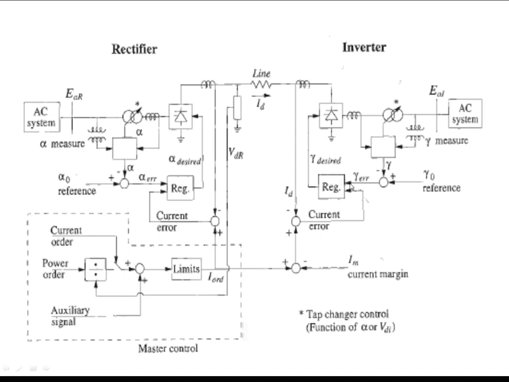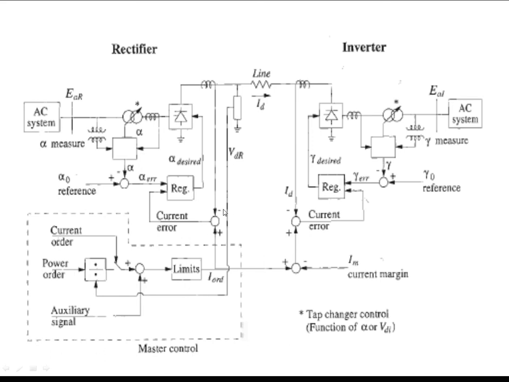The gamma error is generated from the reference gamma as well as the actual gamma of this converter. Both these errors are given to the regulator and generate the desired value of the gamma, so that we get the desired value of the current at the inverter side in the DC lines. So in this way the master control functions and provides the current order to the rectifier as well as to the inverters. I hope you understand this detailed diagram of the master control, how they provide the controls.